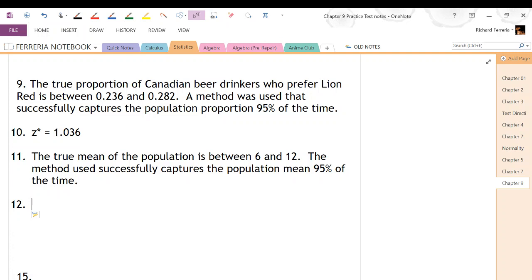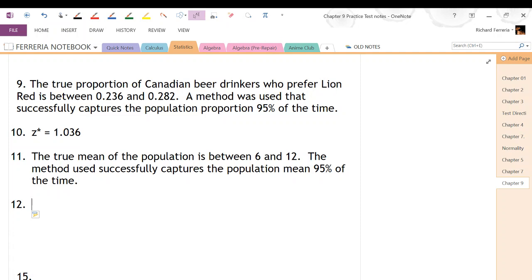If you want to be more confident, do you think you should make the interval smaller or make the interval bigger? Small. Think about it like this. Let's say you were playing basketball and you want to be more confident you're going to make the shot.